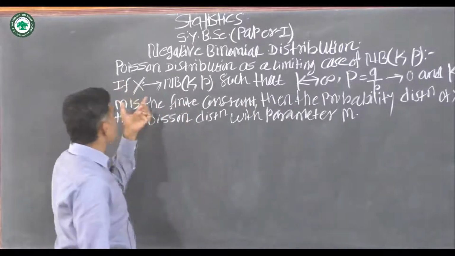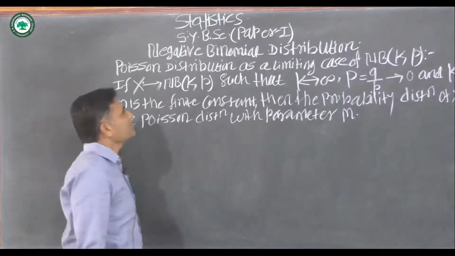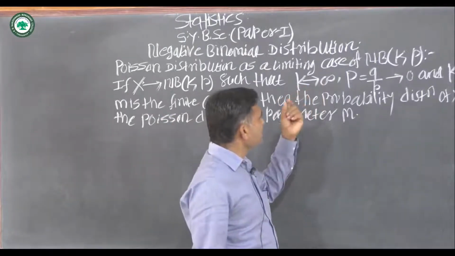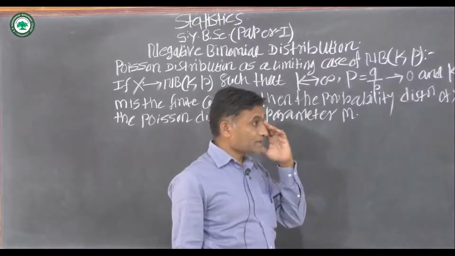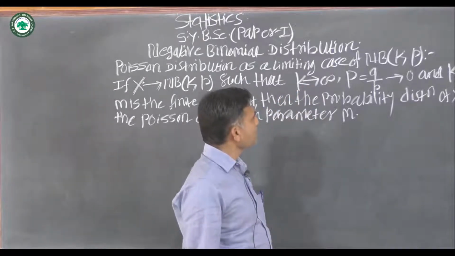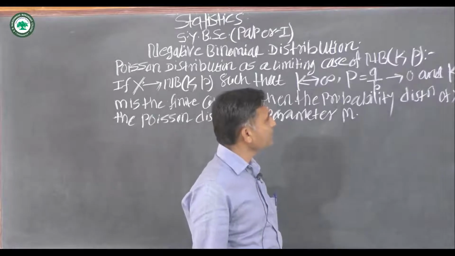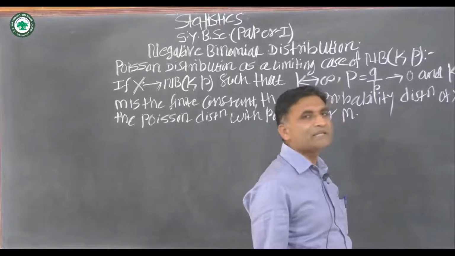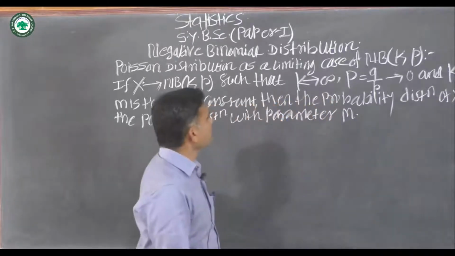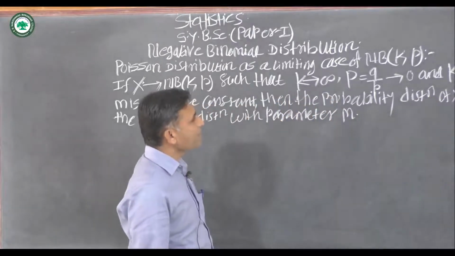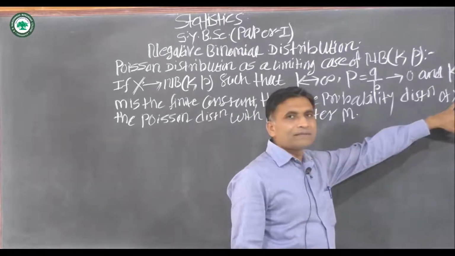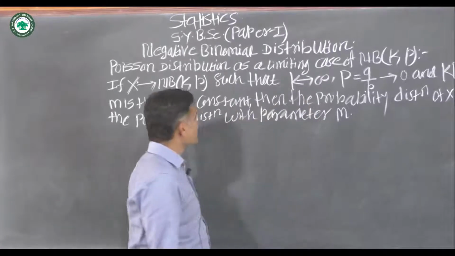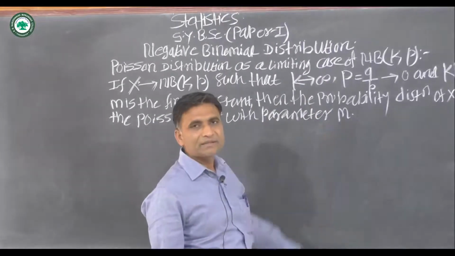This random variable has a negative binomial distribution with parameters k and p, and if k tends to infinity, that is the number of successes is as large as possible, and p tends to 0, and also m is equal to k into p, m is a finite constant, then the probability distribution of random variable x, that is negative binomial distribution, tends to the Poisson distribution with parameter m.